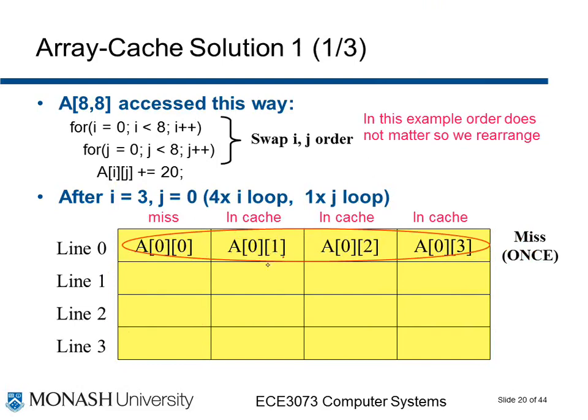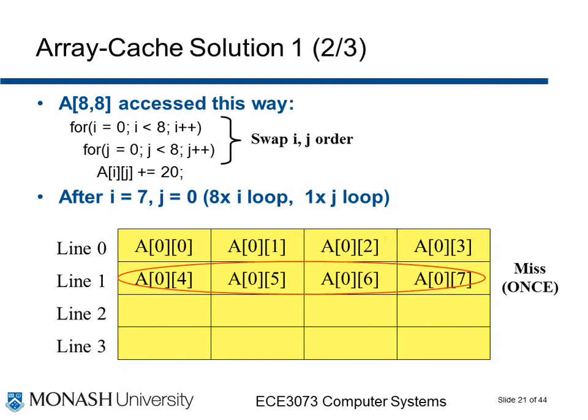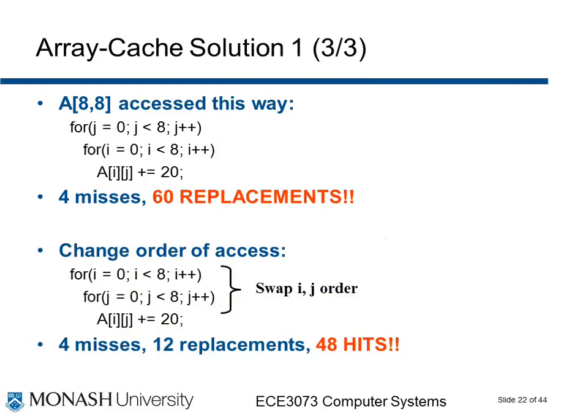So then I can do A01, then A02, A03. Now, when I get to the next 4, I'm going to have 1 miss and then 3 hits. And that's going to continue on. So I have 1 miss, 3 hits, 1 miss, 3 hits. So in the case of 64 memory loads, I then only have 4 memory loads. And most of the time I'm just using my cache.